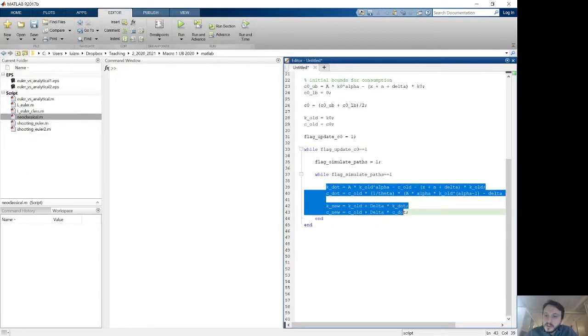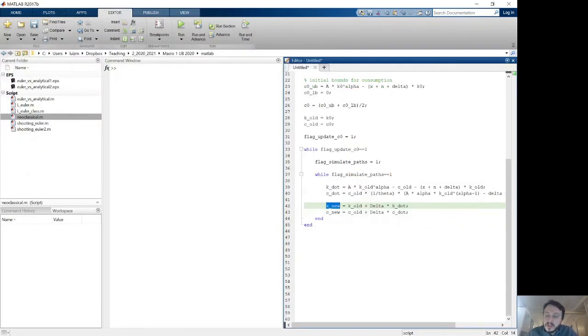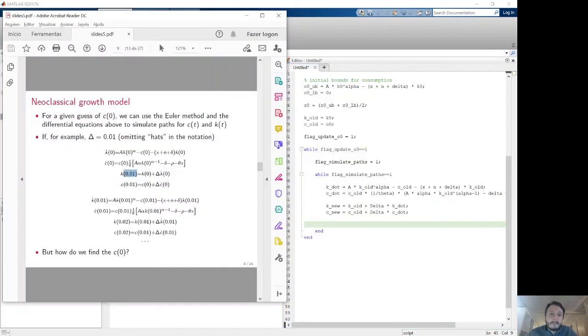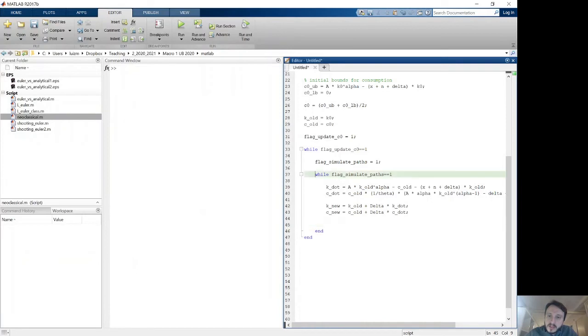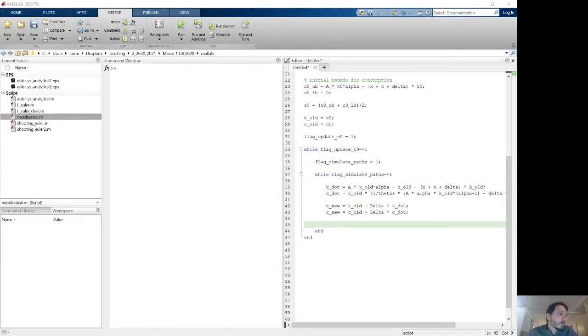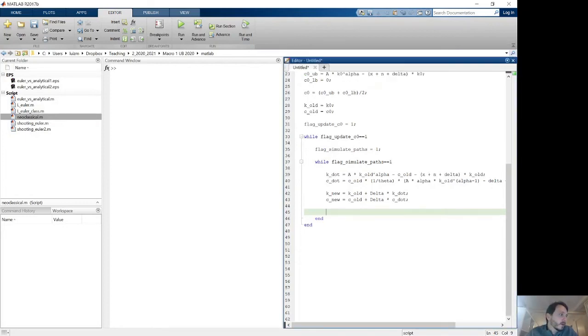So here we are using the Euler method to calculate a new value for capital and consumption. So the value of capital in the next period and consumption in the next period. So we are inside this flag simulate paths loop. There are 4 things that can happen here. First, if consumption starts decreasing, we will do something.